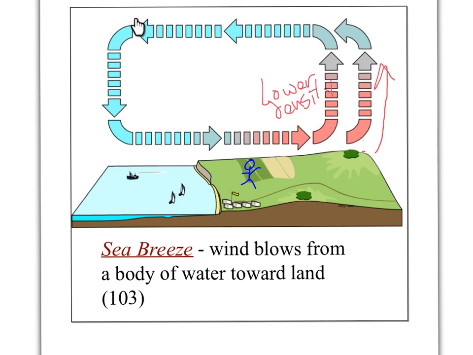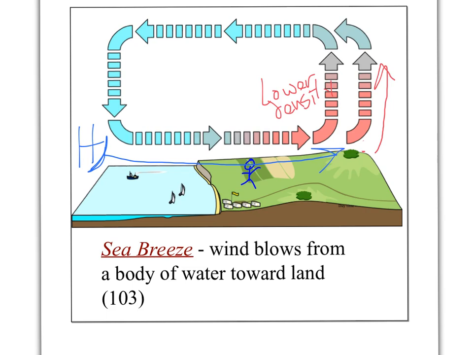So during the day that warm air will rise, and as it rises up into the troposphere it's going to go out over the water, and during the day we know that bodies of water are usually a little cooler, so the air is going to cool, become more dense, and start to sink. We created an area of low pressure over here, and this sinking air over here has created some high pressure, so the air here wants to rush over and replace the air that used to be over there.